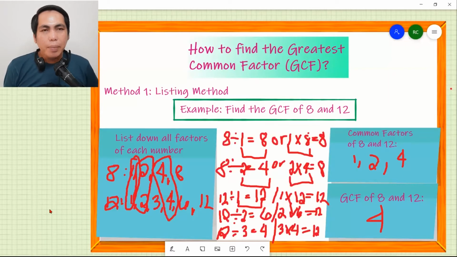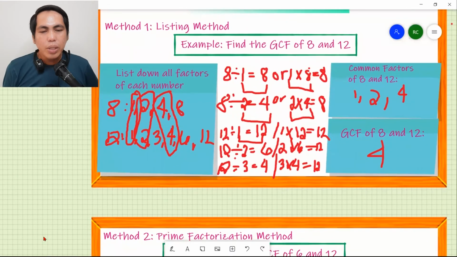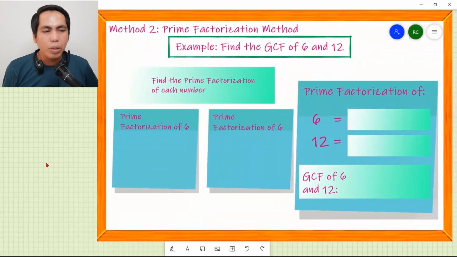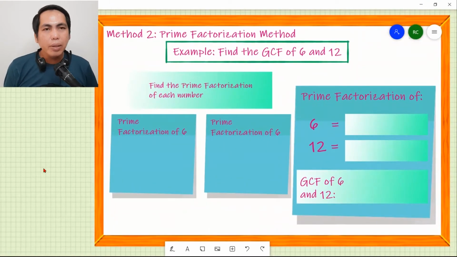So, aside from the listing method, we can also use this second method, which is the prime factorization method. In this method, we are going to identify the prime factorization of each number. When we write the prime factorization of a number, we simply express the number as a product of its prime factors.